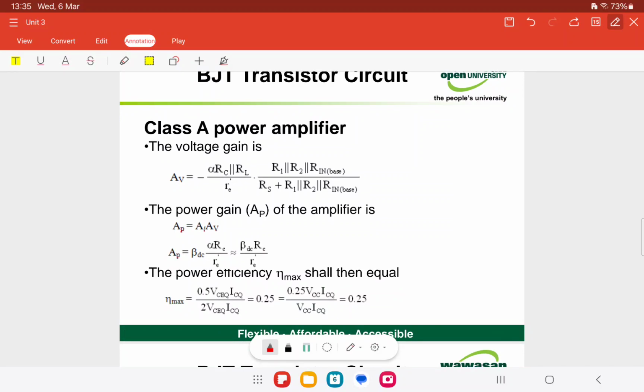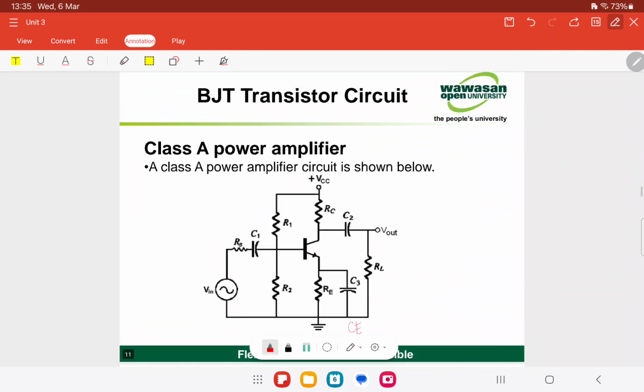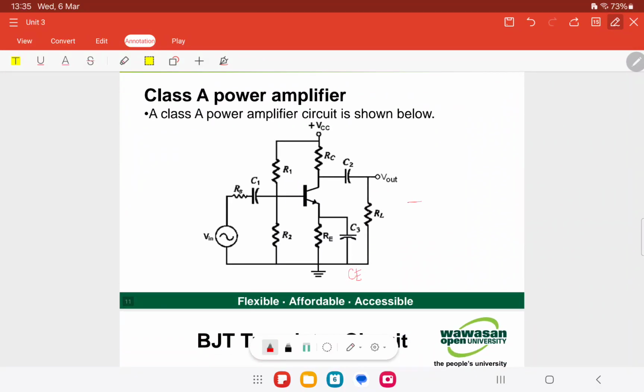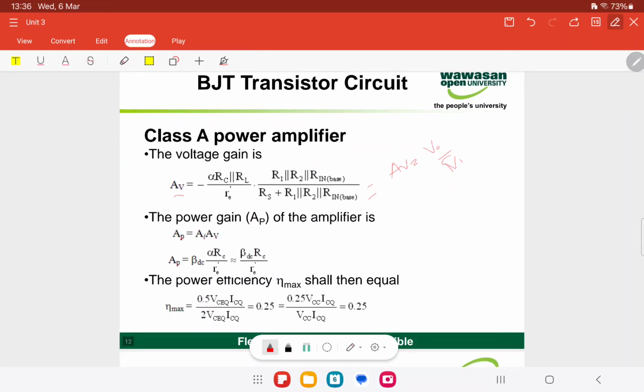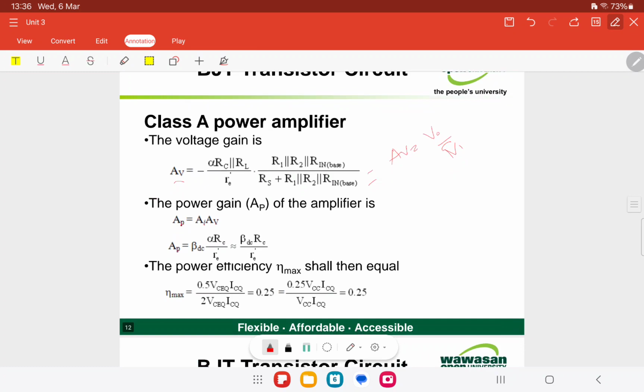The important parameters that we need to get: for the voltage gain, how do we get this? It is from the small signal equivalent circuit, AC analysis. AV is equivalent to V out over V in. V out is at this part, V in is here.